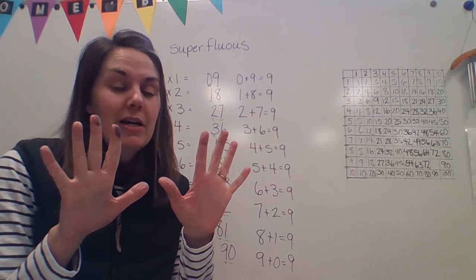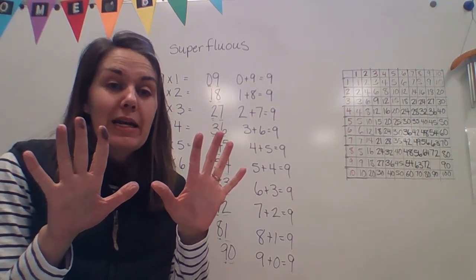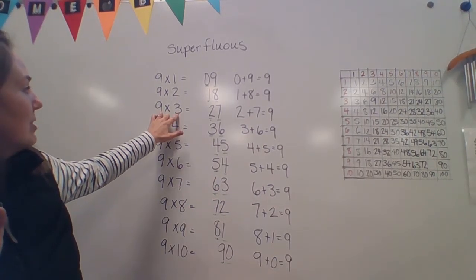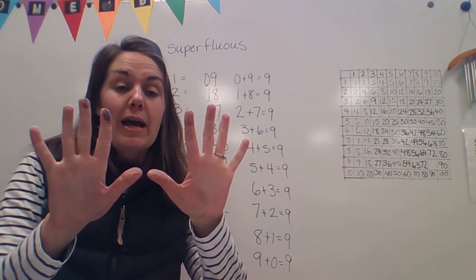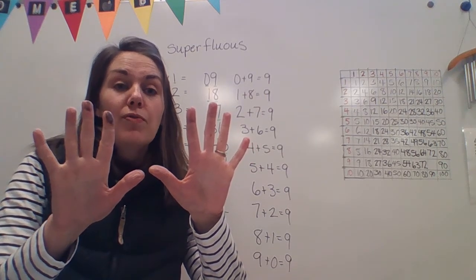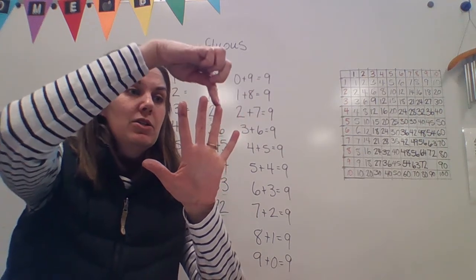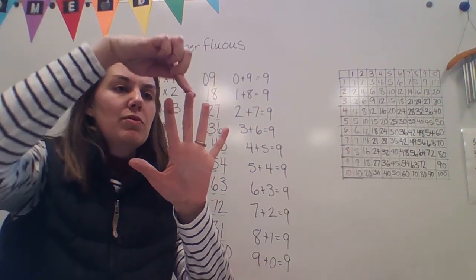Let's say we want to multiply 9 times 3. I'm going to count over 3 fingers from the left. 1, 2, 3.